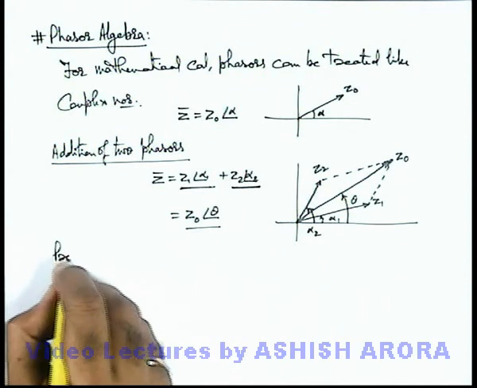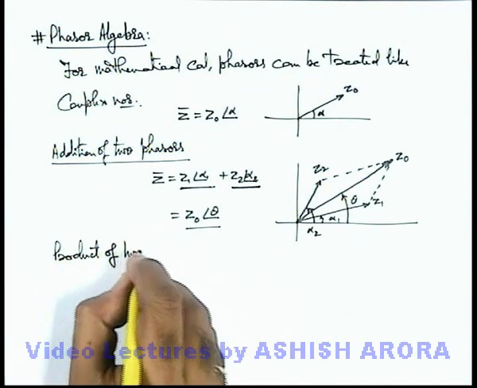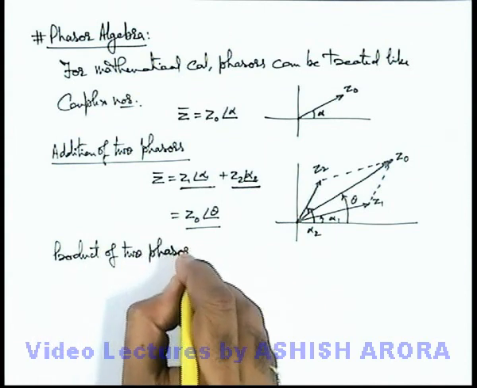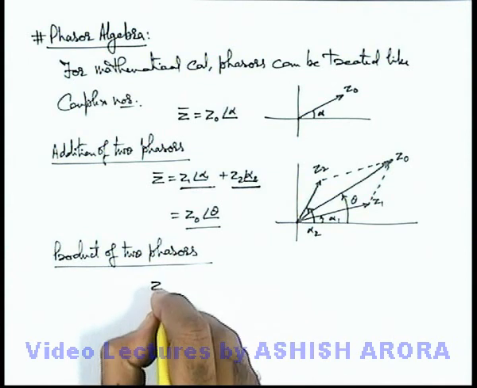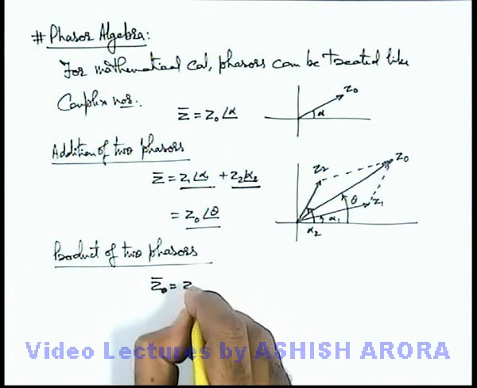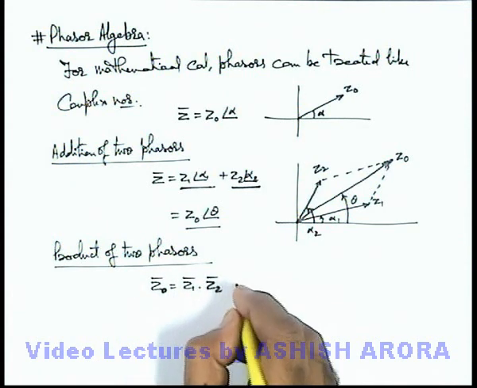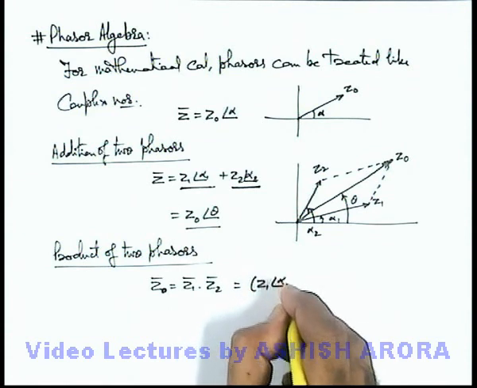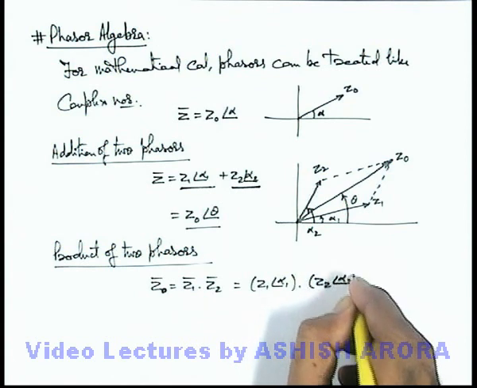If we talk about the product of two phasors, this is the one which we are going to use maximum. This is exactly like normal complex numbers. Say we are given a z0 phasor, which is z1 phasor multiplied by z2 phasor, and z1 and z2 are given as z1 angle alpha 1 and z2 angle alpha 2.